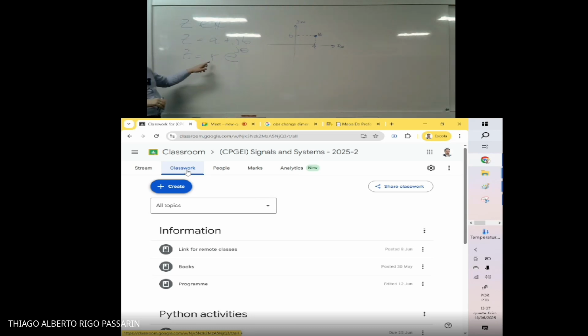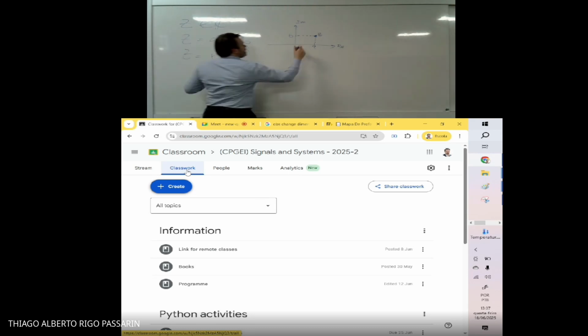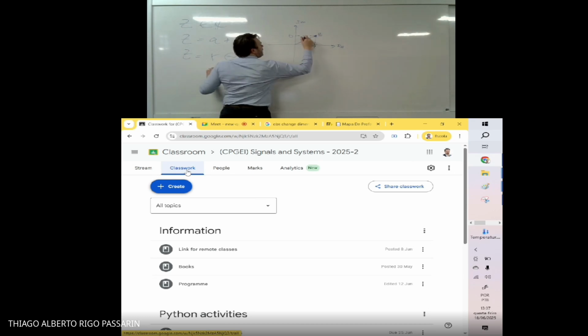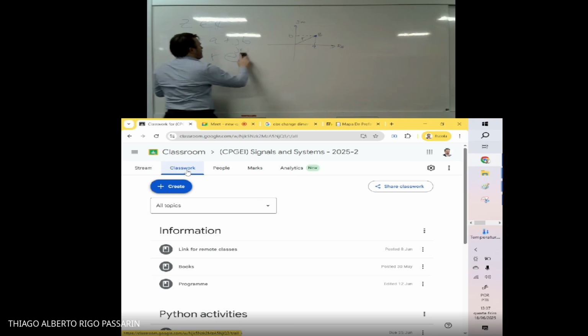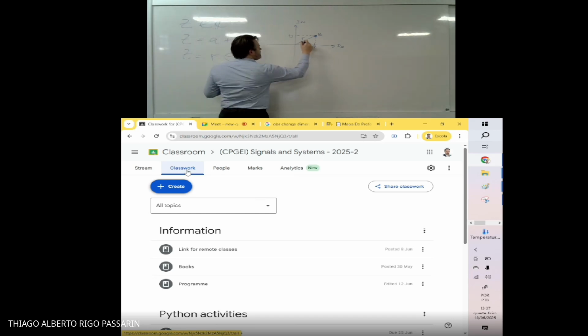If we're using this notation, we have a radius, and actually I prefer the symbol omega. Let's stick to this symbol, omega.